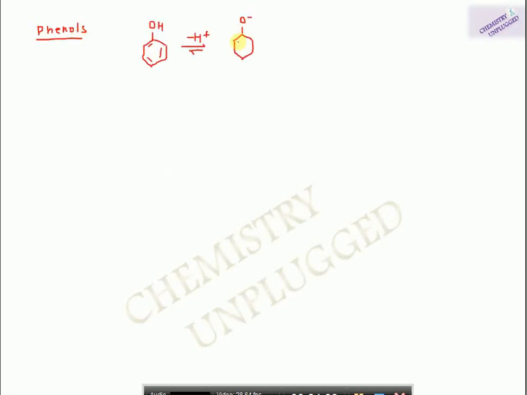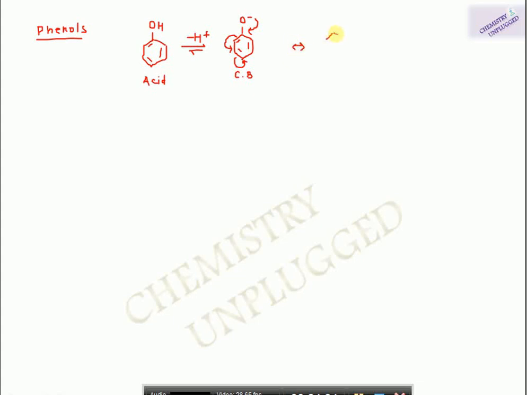So this is the molecule of phenol. When we remove one proton from it, it forms its conjugate base, and this conjugate base is very stable in nature because its negative charge is delocalized over the benzene ring. When the conjugate base is stable, it means the acid has higher acidic strength.